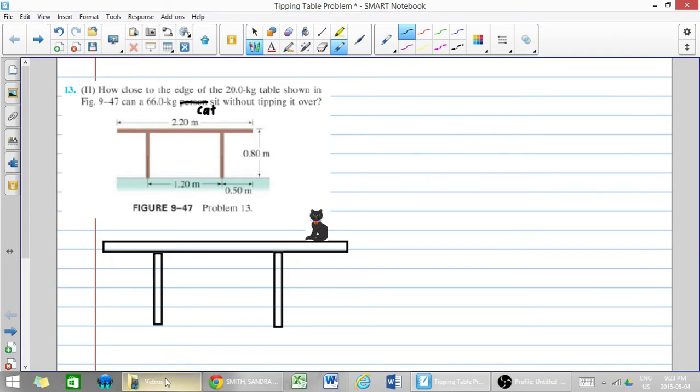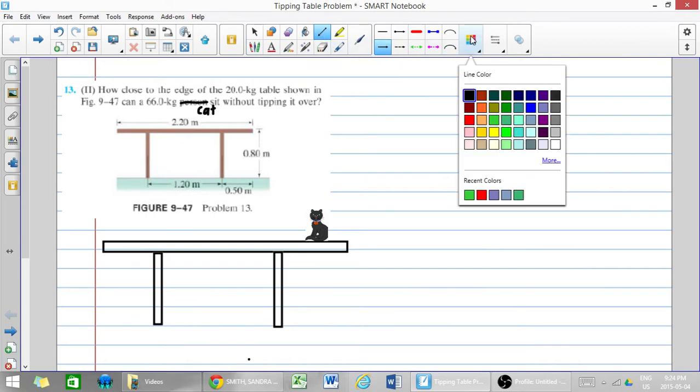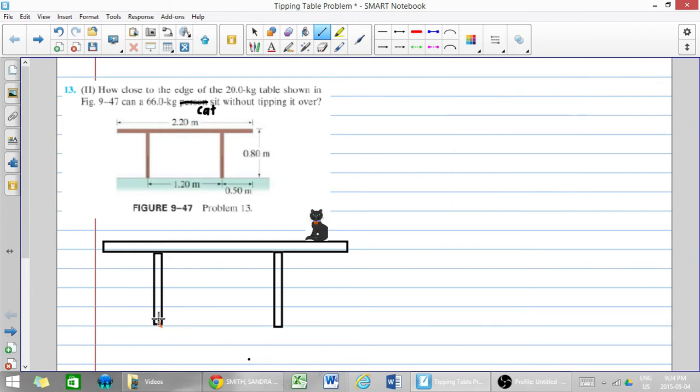We need to show where all the forces are on the table. So let's start drawing forces. First of all, each of the legs is touching the floor. So there will be a normal force at each leg.